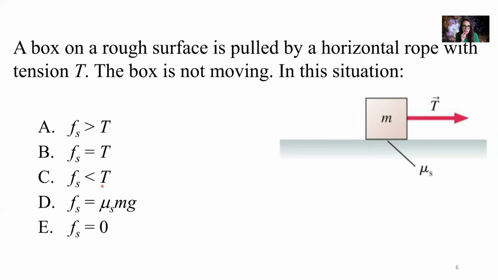Is the static friction force greater than the tension? Is it equal to the tension? Is it less than the tension? Is it equal to the coefficient of static friction times the normal force? Or is it 0? Remember, the box is not moving, but I'm pulling on it with some tension T.